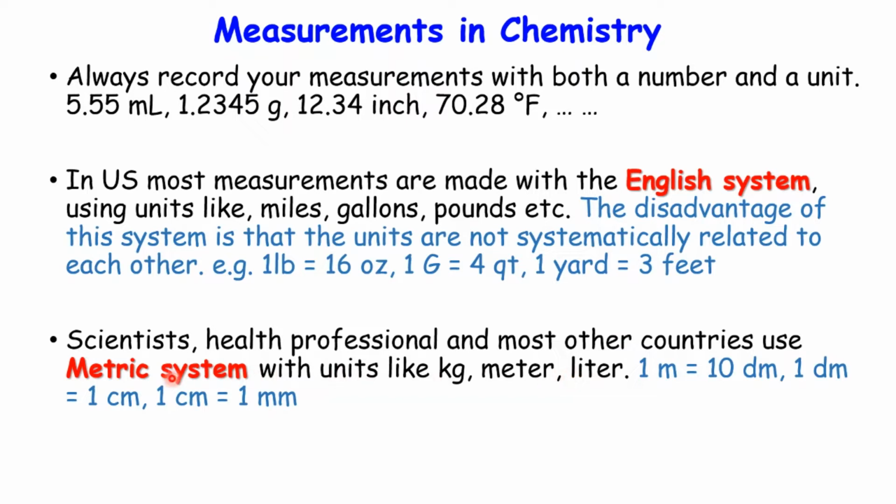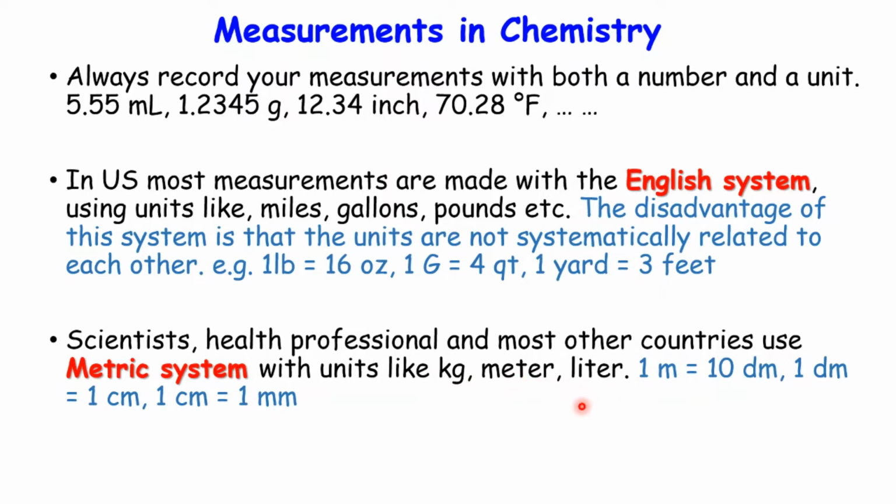The other system, used in most other countries, is called the metric system, and all of those units are ten-based, so they are systematically related. Those units are something like kilogram for mass, meter for length, and so on.